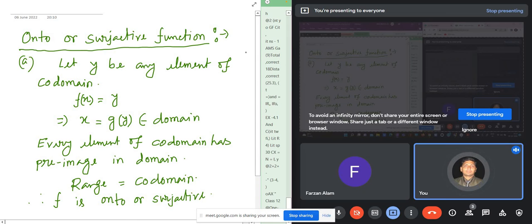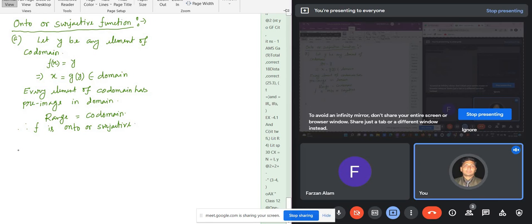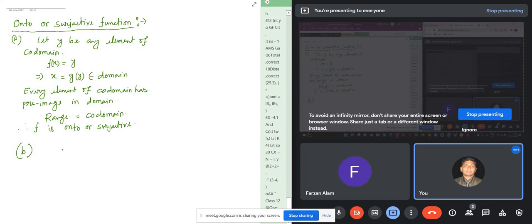And if it is not onto, then how will you find? Suppose you consider one element y1 of the codomain.